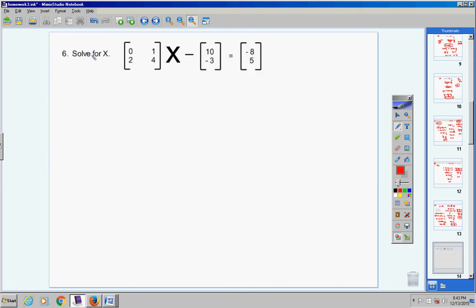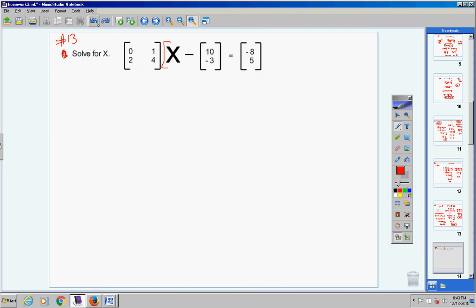Number 13. Solving a matrix equation. Here we go. First of all, we're trying to find a matrix that goes right here, so that when you take this matrix here times this matrix here and then subtract this matrix here, you get this.